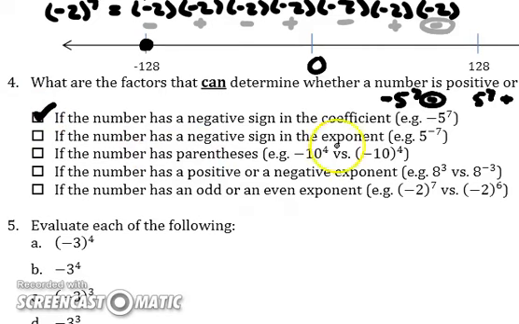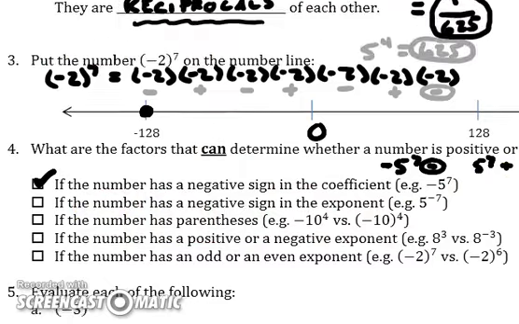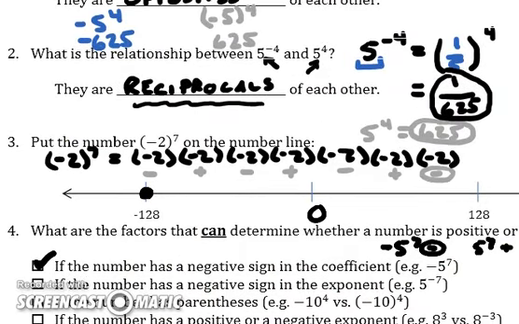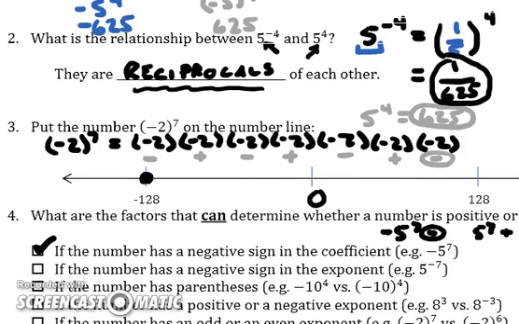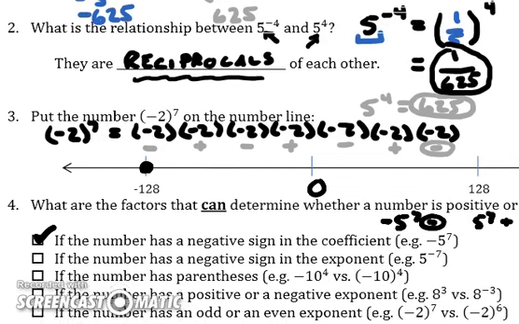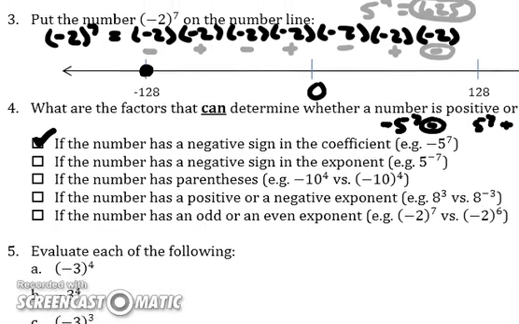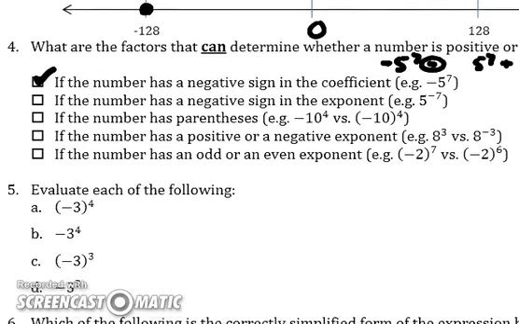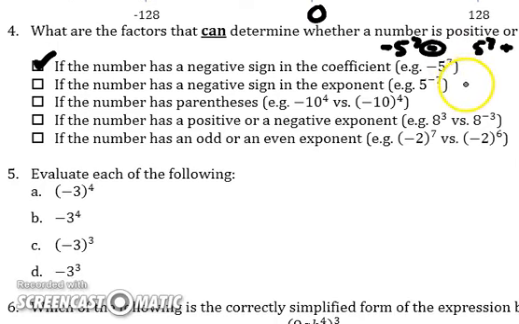The number has a negative sign in the exponent. Well, let's take a look at number 2 again. The only difference between 5 to the negative 4th and 5 to the 4th is that they're reciprocals of each other. And again, they will always be reciprocals of each other. So since they're always reciprocals of each other, and reciprocals of the same number have the same sign, if I take negative 1/2 and I take the reciprocal of it, the reciprocal is going to be negative 2, or negative 2 over 1.